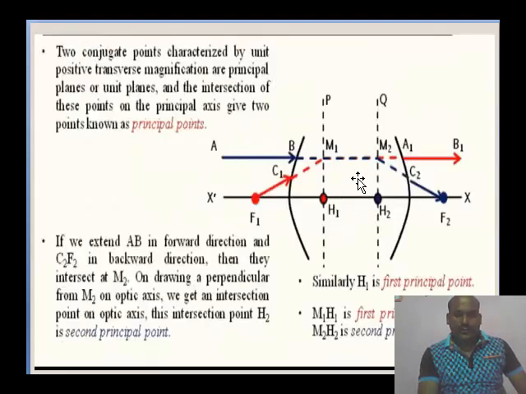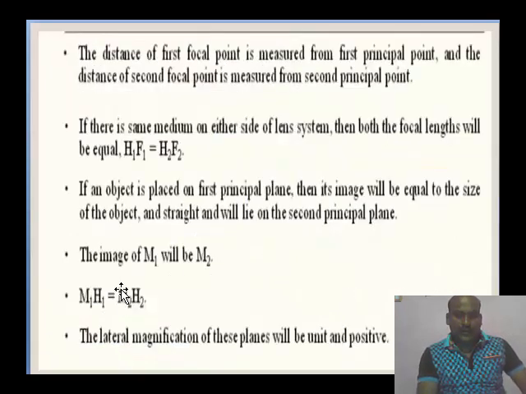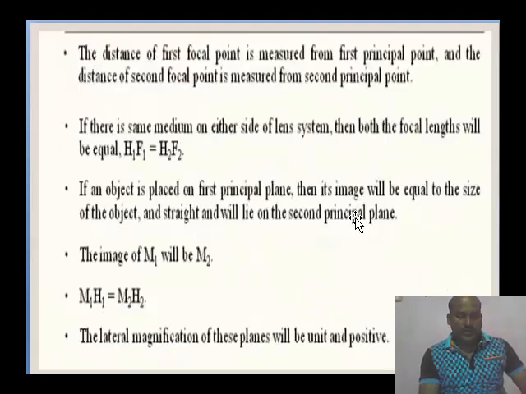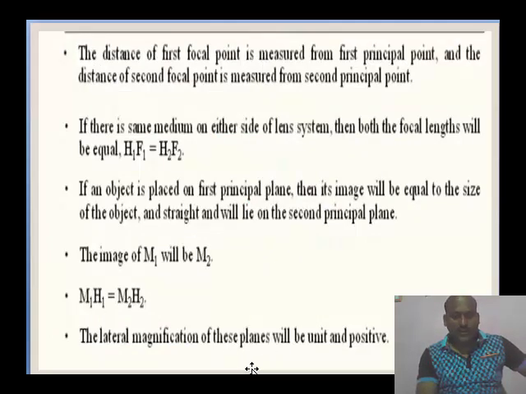Look here, H1 F1 is equal to H2 F2. Both should be the same. Then the image of M1 will be M2, that is M1 H1 is equal to M2 H2, so the object and image heights are equal. So the lateral magnification of the plane will be unitary and positive.